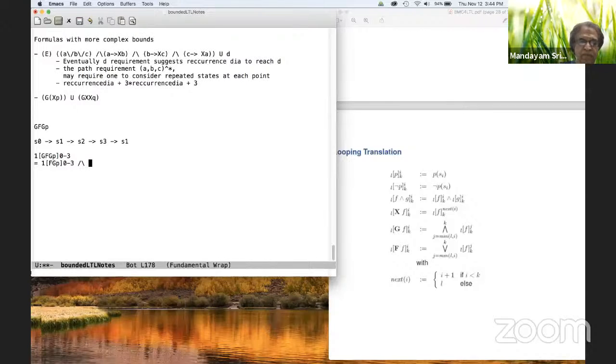And the 1 is just saying it's a lasso, at 1. So you got it? Are you with me up to this point?